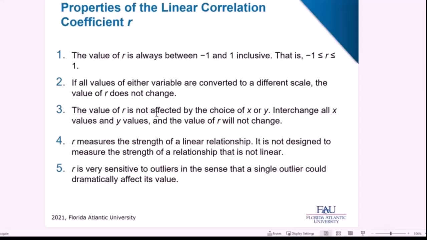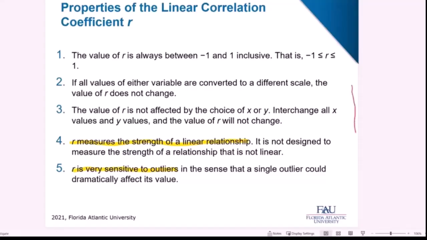The value of R is not affected by the choice of X or Y. R measures the strength of a linear relation. It is not designed to measure the strength of a relationship that is not linear.